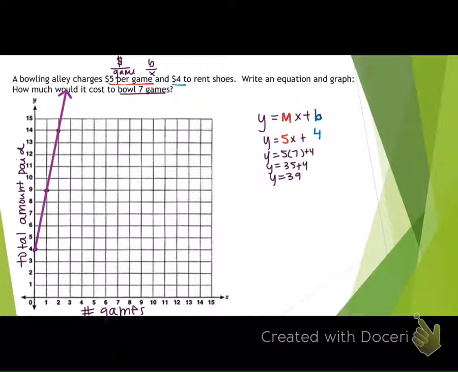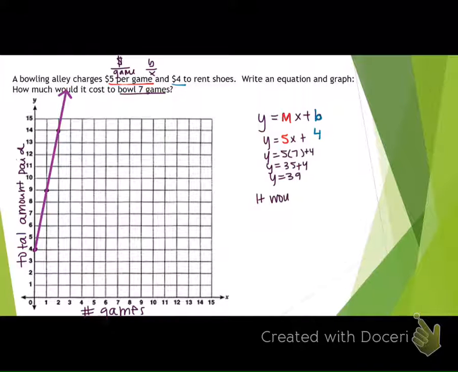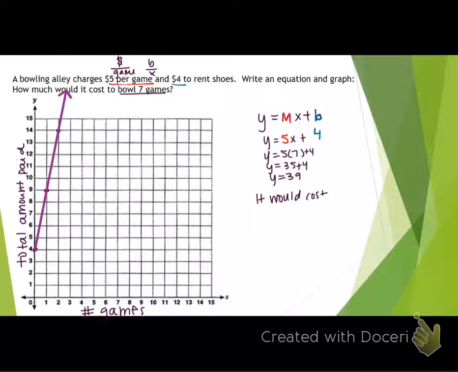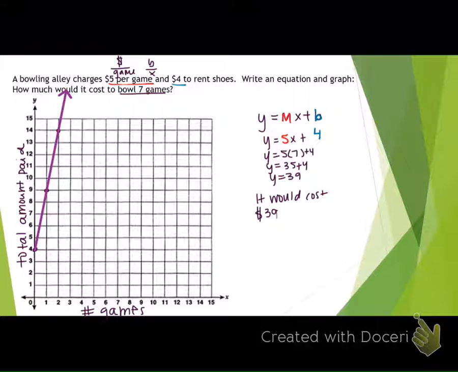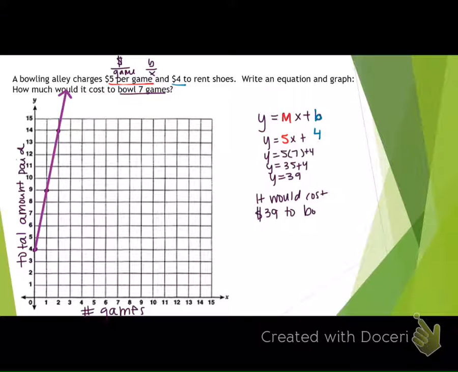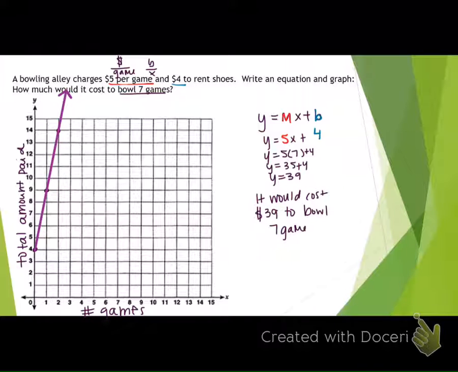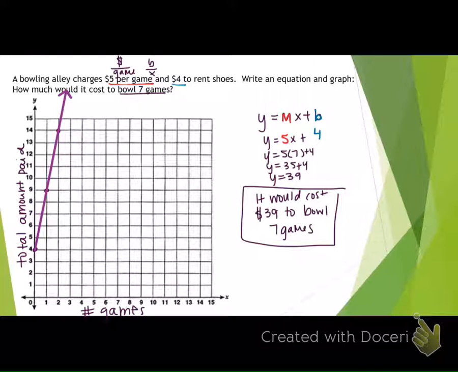So what would that be as a sentence? What would that be as a sentence, Peyton? It will cost $39 to bowl 7 games. So you couldn't see that on the graph, so you have to use the equation. All right.